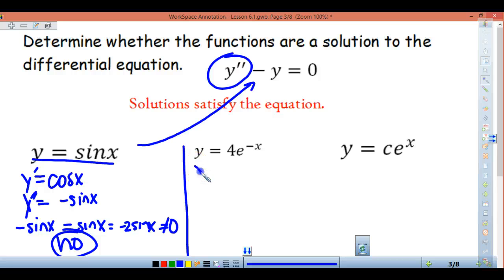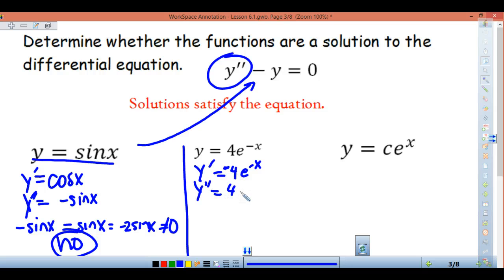Okay, let's try the next one. So the first derivative, by chain rule, because I have a negative x up there, would be 4 e to the negative x times negative 1 by chain rule. So negative 4 e to the negative x. So the derivative of that then would be negative 4 e to the negative x times negative 1.